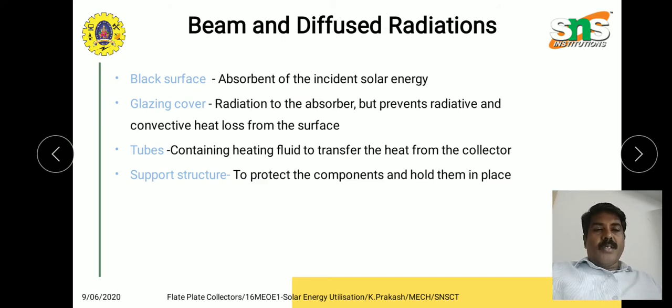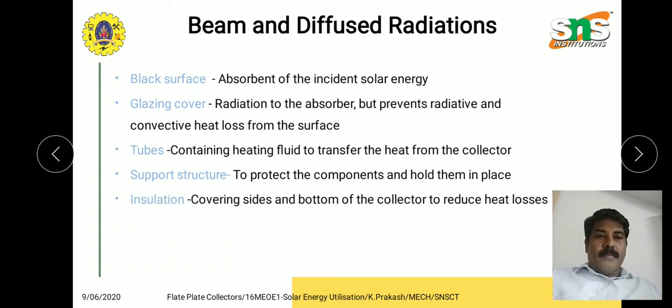So due to this tilt of 45 degrees, we are getting most amount of the direct radiation to be focused. So when most amount of this solar radiation, beam radiation, is falling, then the efficiency of the flat plate collector is increased.